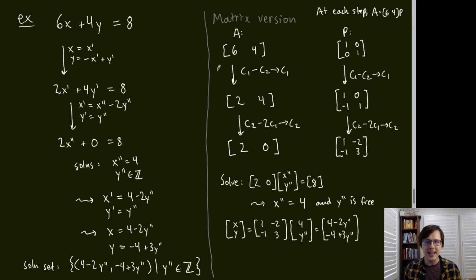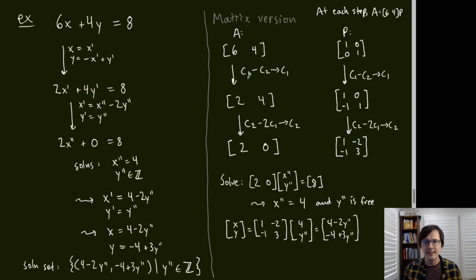I guess it could just be A1, A2, and A3. And then we also have these P matrices, where at each step, A equals (6, 4) times P. So that's what we're trying to have happen. We're trying to find the right P matrix so that (6, 4) times P is in the form (something, 0).